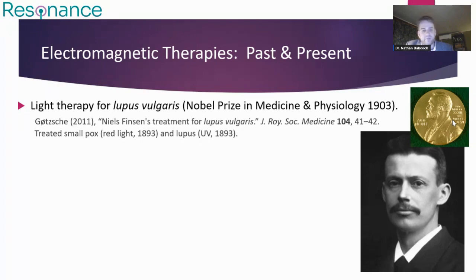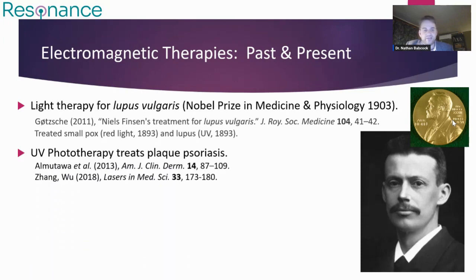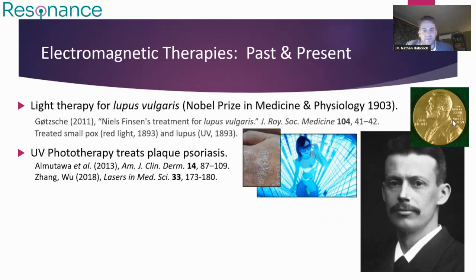He was also able to treat smallpox with red light. Now, since then, UV phototherapy has become quite important for treating other conditions like plaque psoriasis, an unpleasant skin condition that forms lesions on the hands. UV light treatments, either out in the sun or in specialized UV booths at a hospital, for example, can be very effective in controlling psoriasis.